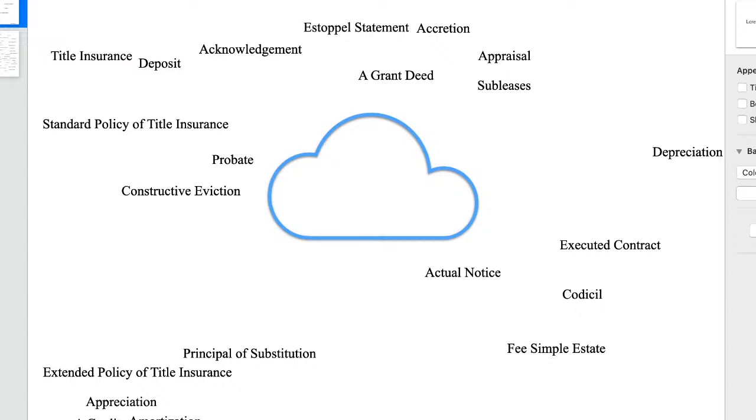Excellent. What are the 4 essentials of a valid contract?